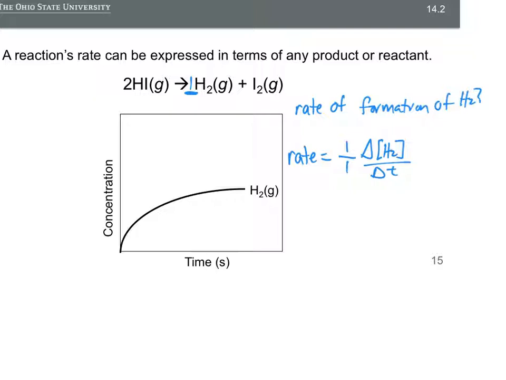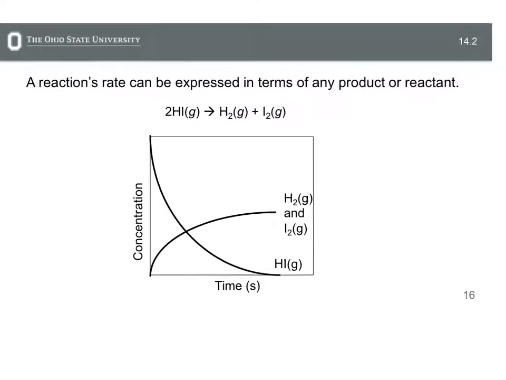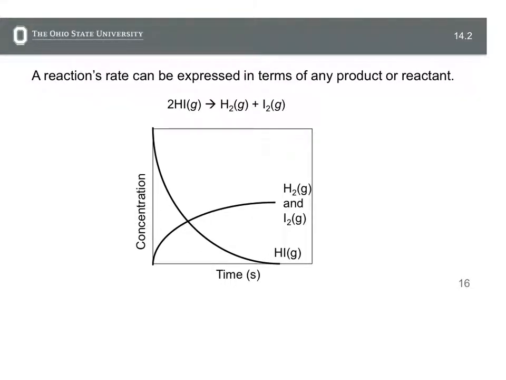Okay. And you can see on our plot as well how this is going to play out in terms of stoichiometry. For our products, they both have the same stoichiometric coefficient of 1, and so the formation of those is going to follow the same line shape, the same curve.